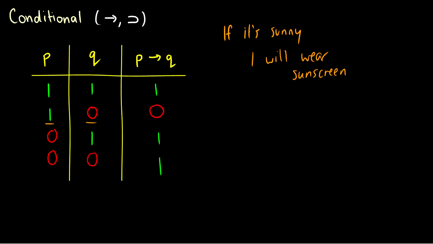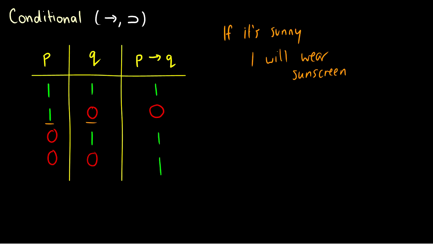And this is a very difficult thing to wrap our heads around because we think, well, if it didn't happen, then we can't say it's true or false. But think of the conditional in terms of, when am I lying to you? I'm only lying to you in this one situation.